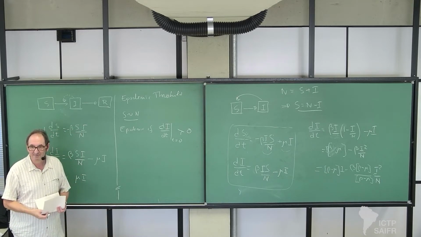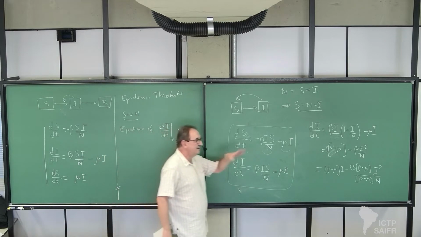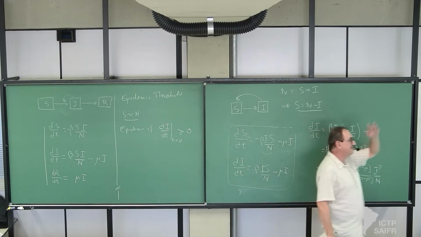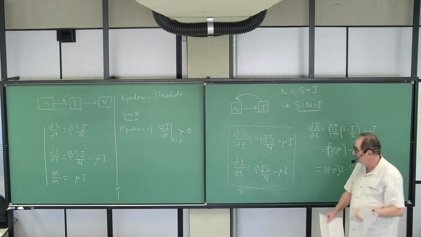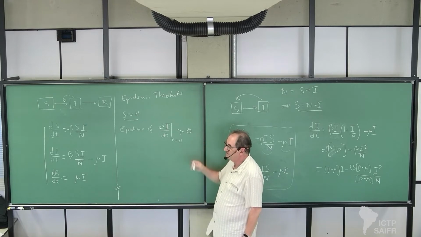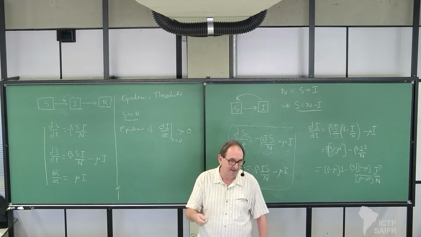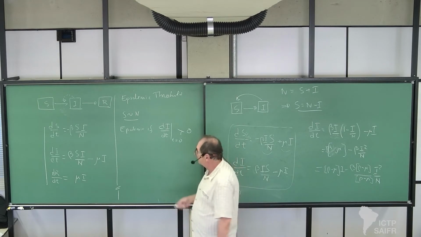Therefore, the number of infected people will increase. Well, then later there will be whole things happening in the dynamics, but at the initial point, dI/dt positive is an invasibility criterion. If you have a small introduction of a small number of infected, it will increase.